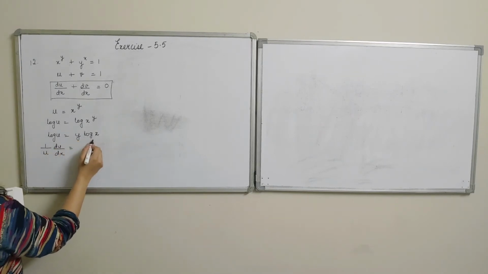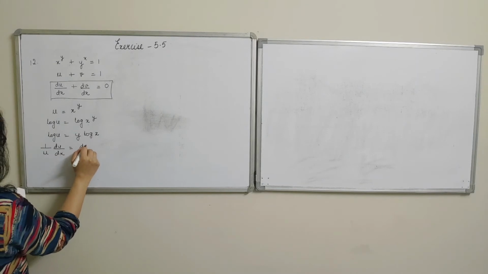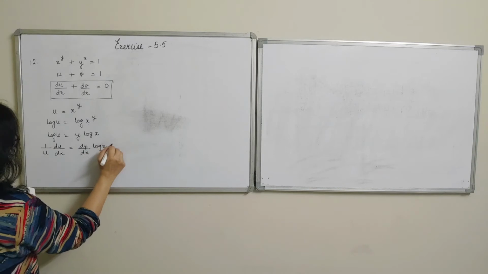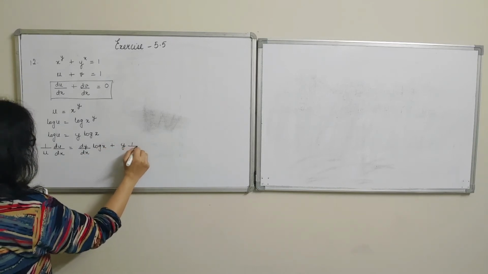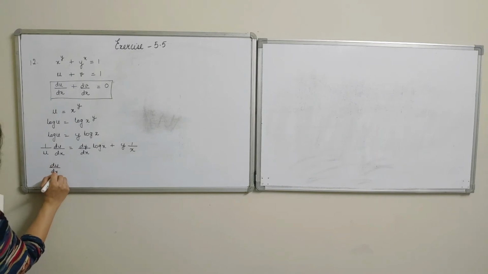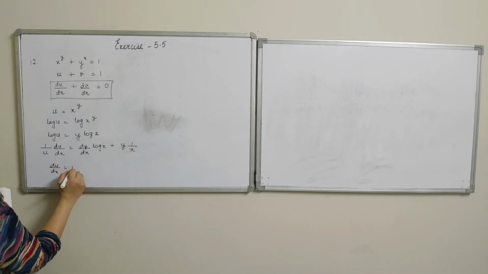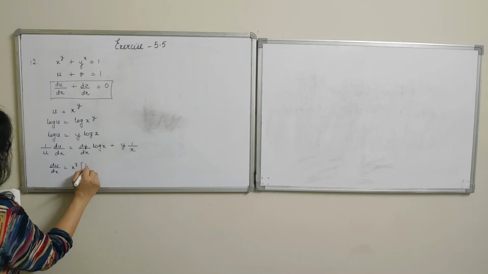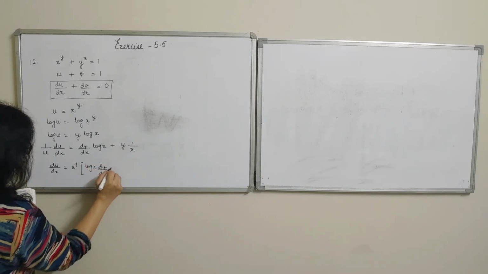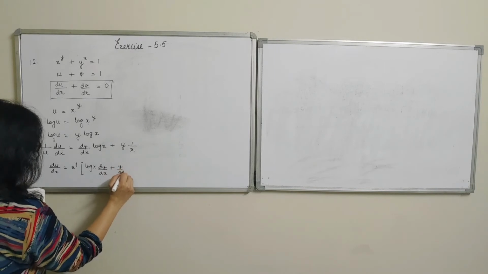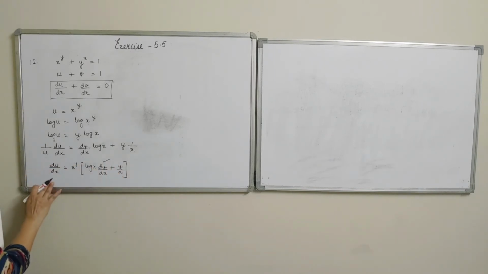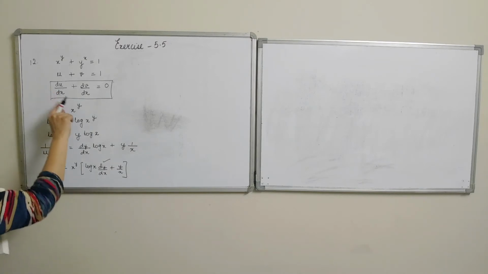Here we can use the product rule. I'm directly writing it down: derivative of y into log x plus y into derivative of log x. So du by dx is u, which is x to the power y, times log x dy by dx plus y by x. Here you can see we have dy by dx. So this du by dx is what we'll substitute here.